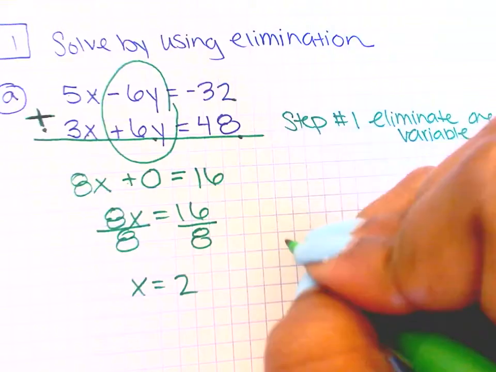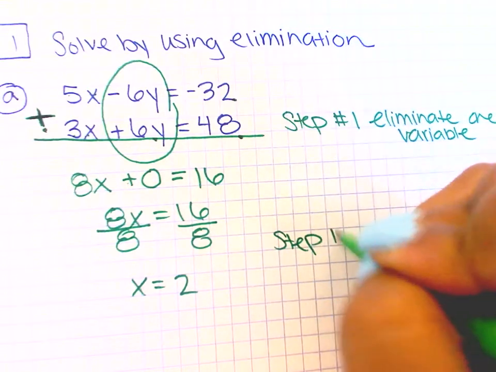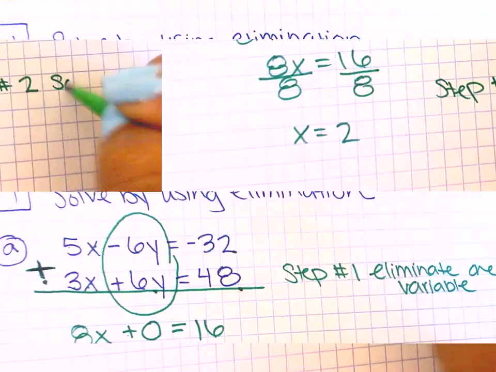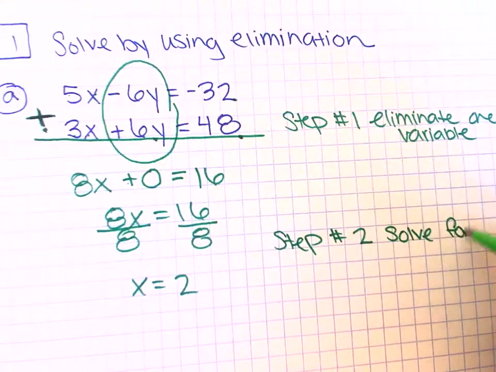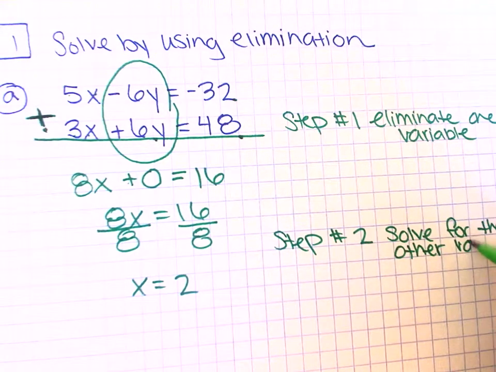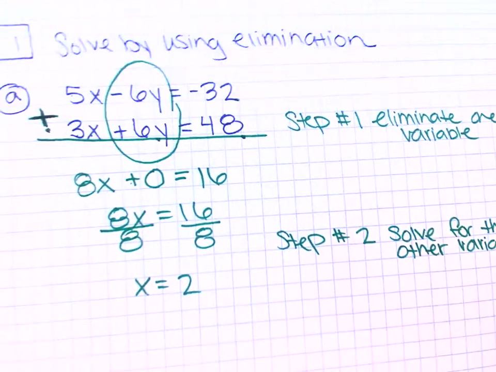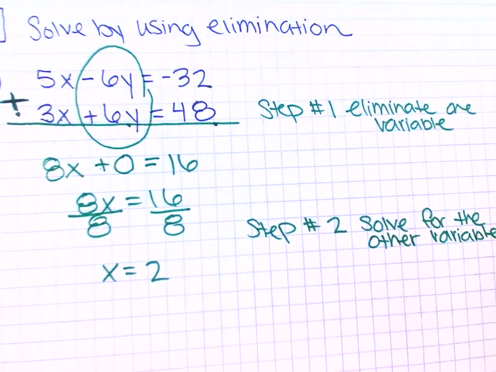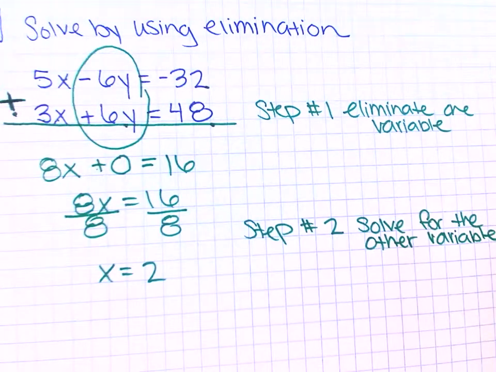Now, I solved for the other variable, which was here, step 2. I solved for x. I solved for the other variable. It's important that you write the steps right next to what we did, so you know where it is.